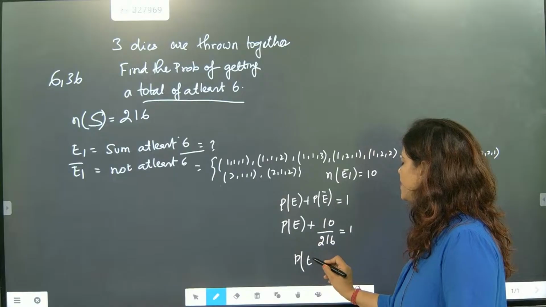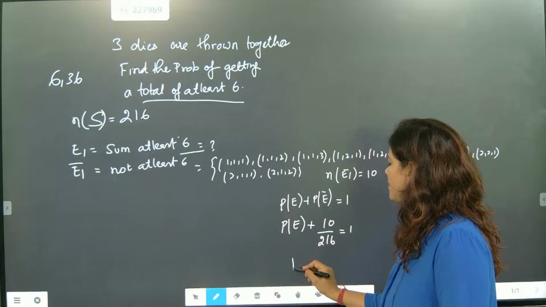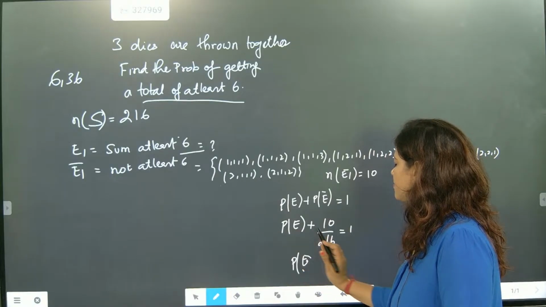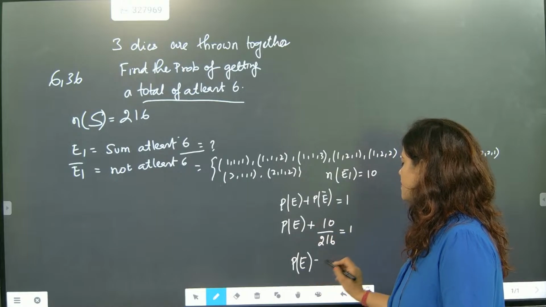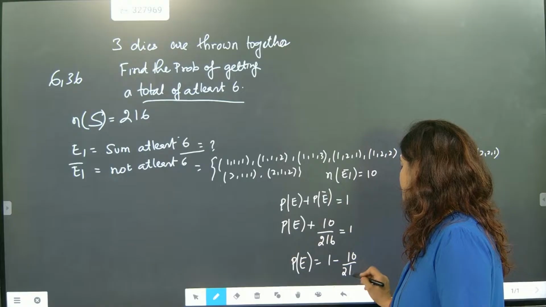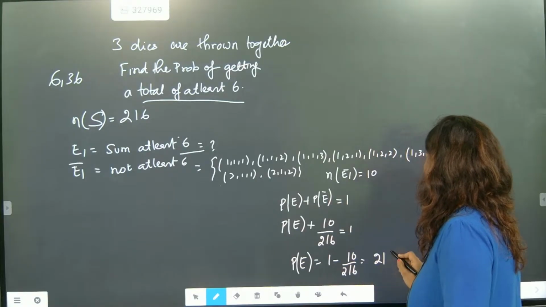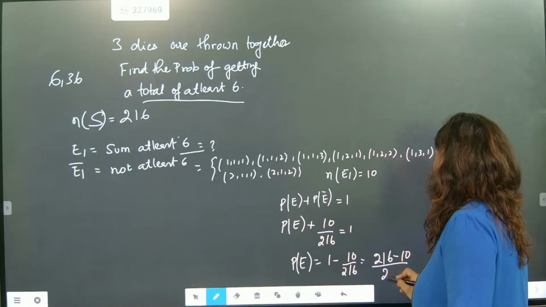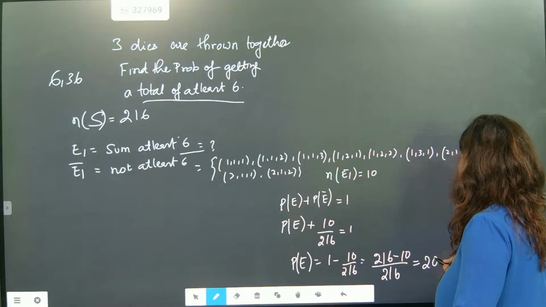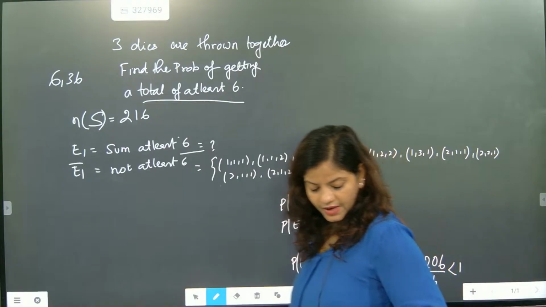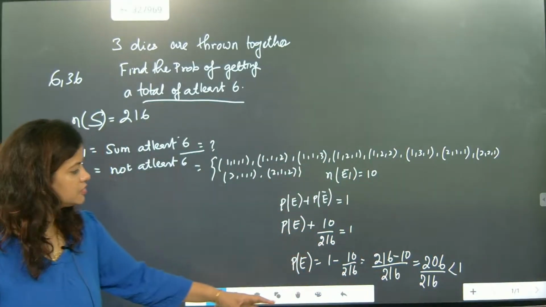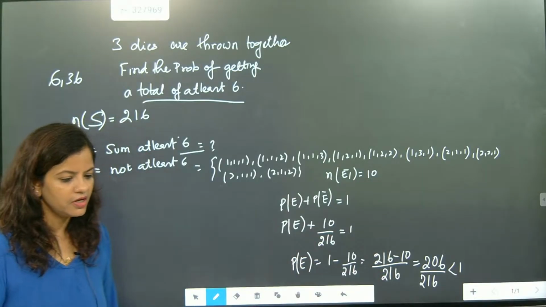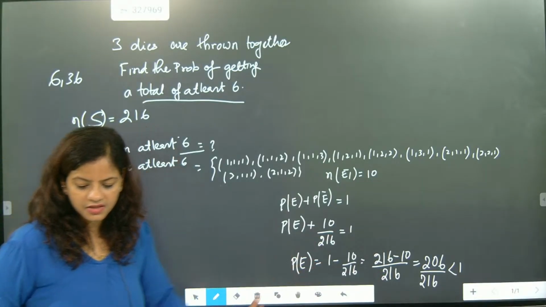So the probability of getting at least this is 1 minus 10 by 216, which is 216 minus 10 by 216. The answer is 206 by 216, which is less than 1. So the answer is absolutely correct. Once we solve like this, the answer is exactly correct.